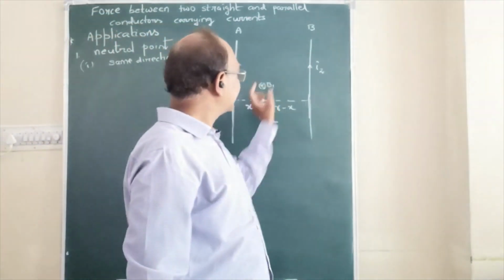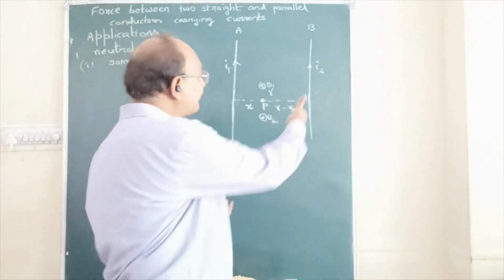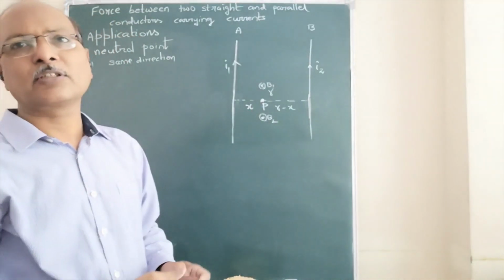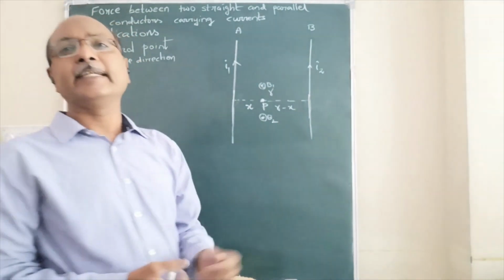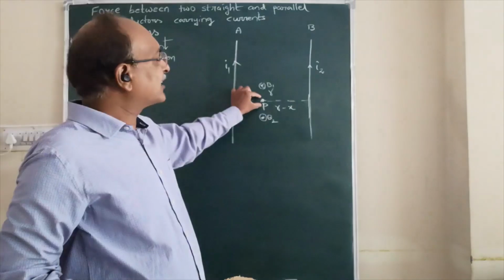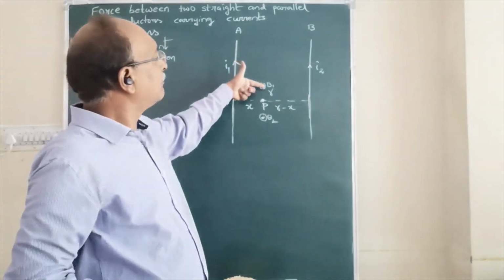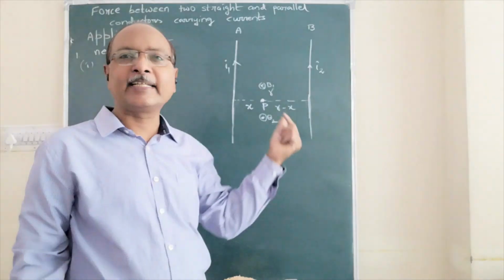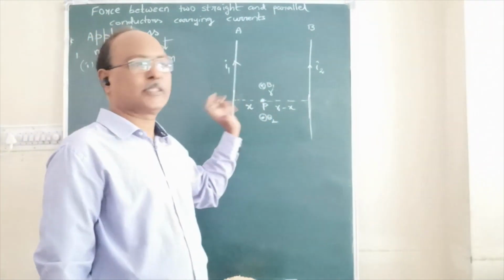And at the same point, due to the second wire, the magnetic field will be coming out. So they are in opposite direction, and the net magnetic field can be zero if B1 and B2 are equal in magnitude. So that is the neutral point.